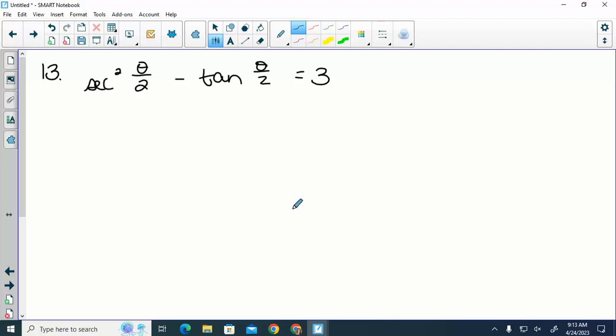There are 2 different trig functions. We can't factor a greatest common factor here. It's kind of like a quadratic, but we need it to be a single trig function. So look at your flip chart.